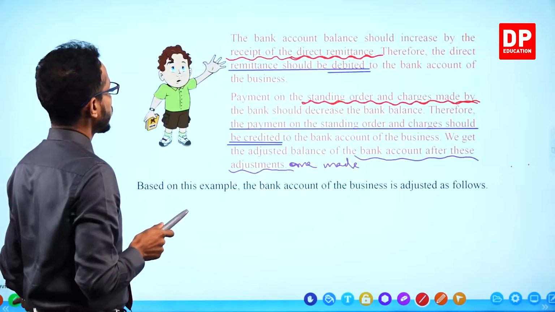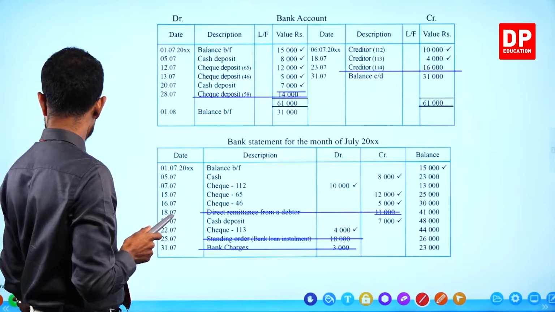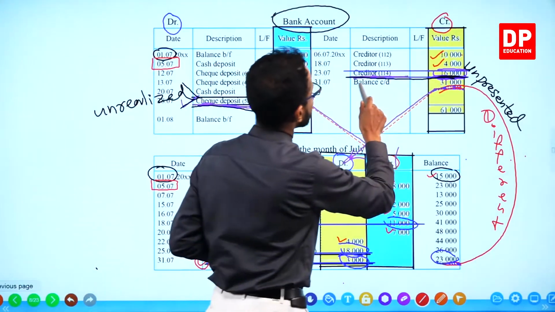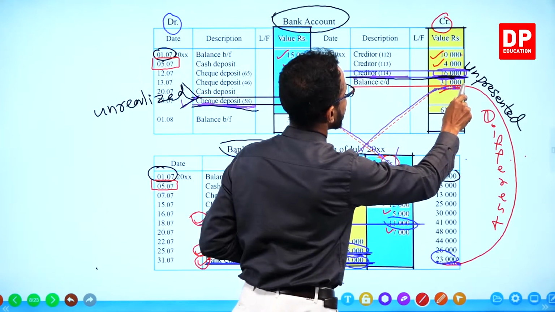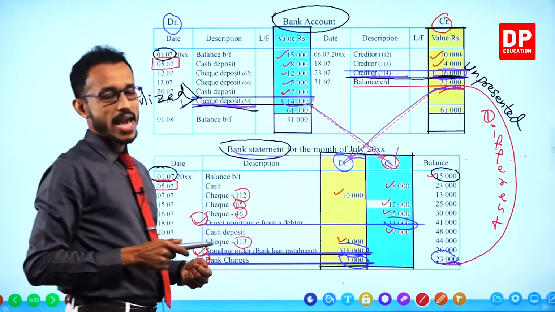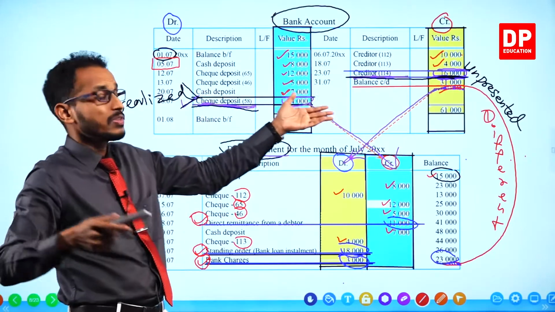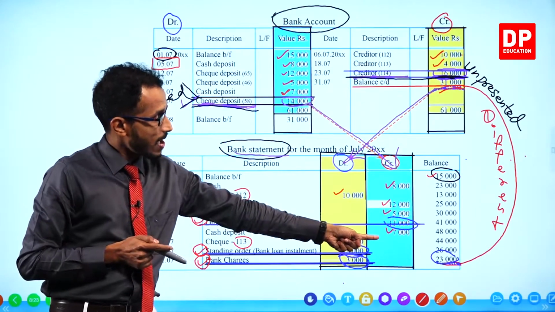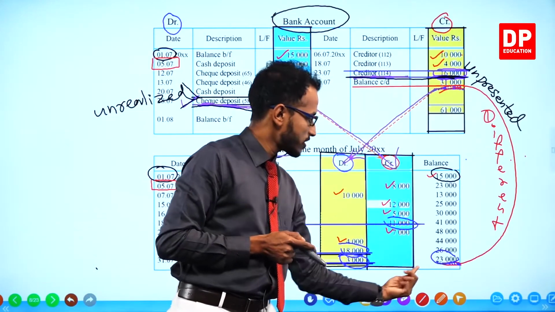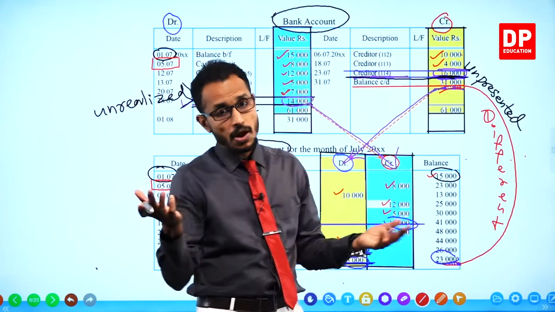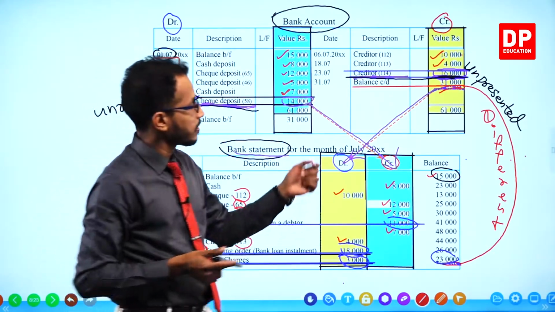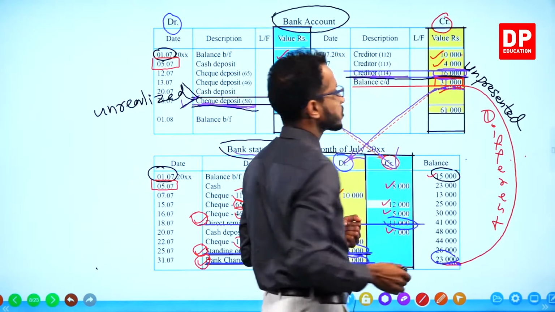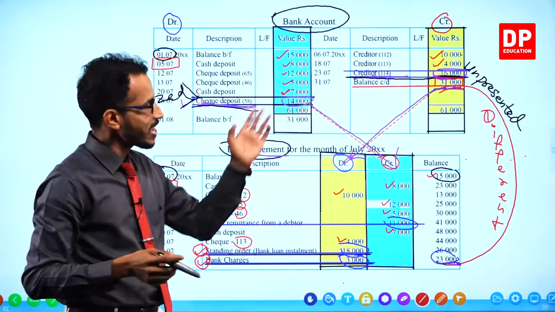If we go back again to that activity example, this is the balance which is taken to the adjusted bank account. The final balance of the bank account is the balance which is not tallying with the statement. This balance is the problem. So we take this balance to the adjusted bank account and we adjust that balance.